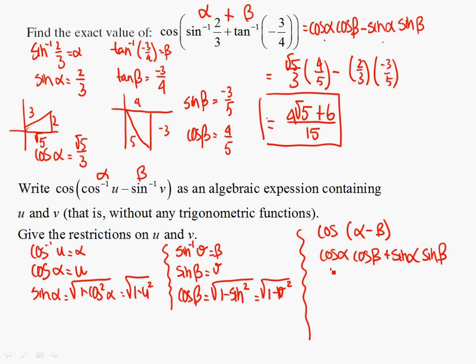So the cosine of alpha was u, the cosine of beta was the square root of 1 minus v squared, plus the sine of alpha, the square root of 1 minus u squared, and the sine of beta, put parentheses around that one, the sine of beta is v. Are we okay with that one?